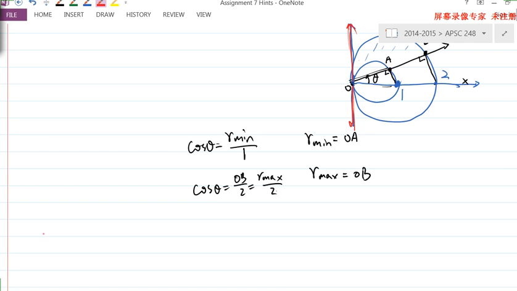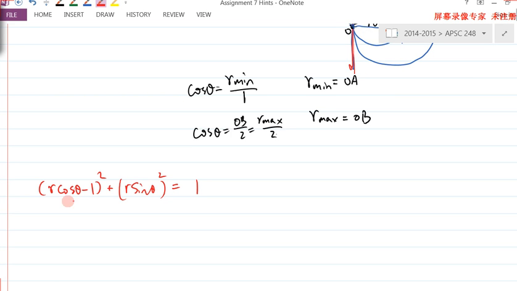Maybe I'll just use this one as an example. So this is (r cosine theta minus 1) squared plus (r sine theta) squared equals 1. Expand this portion: r squared cosine squared theta minus 2r cosine theta plus 1 plus r squared sine squared theta equals 1. So the 1s cancel, and r squared is a common factor.